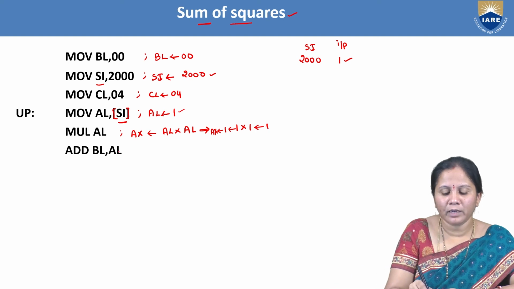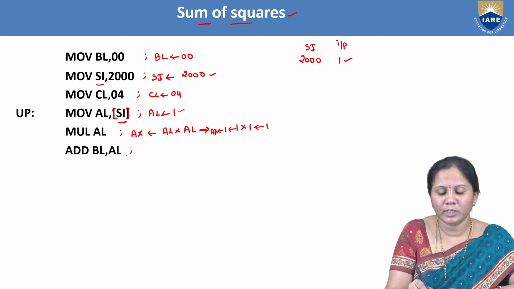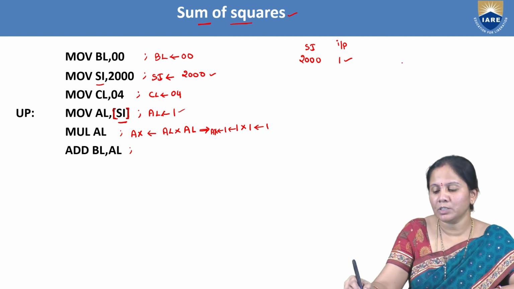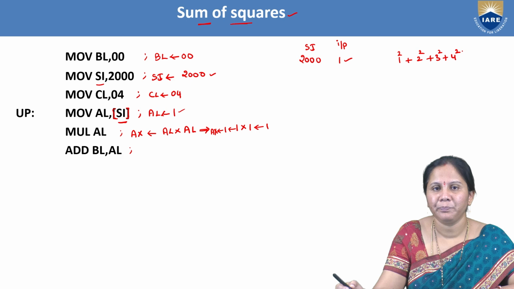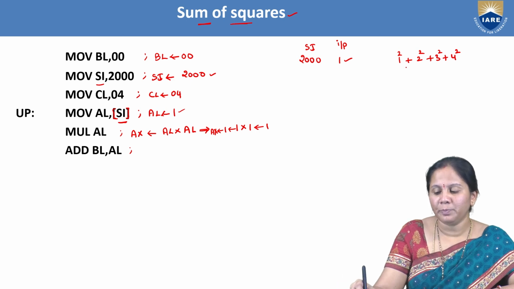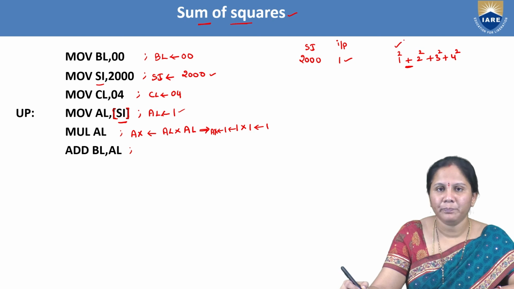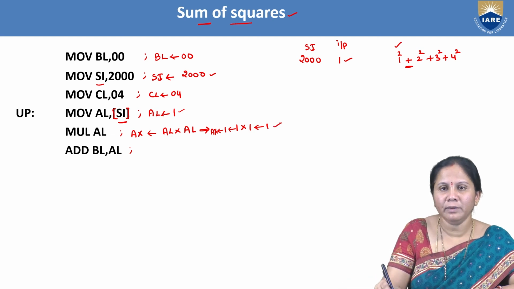And ADD BL, AL. So addition operation will be performed between the contents of BL and AL, because what we have to do is 1 square plus 2 square plus 3 square plus 4 square. To perform this add operation for the first number, 1 square has come here.